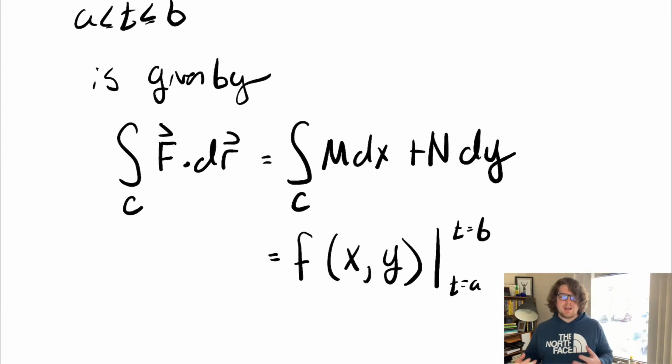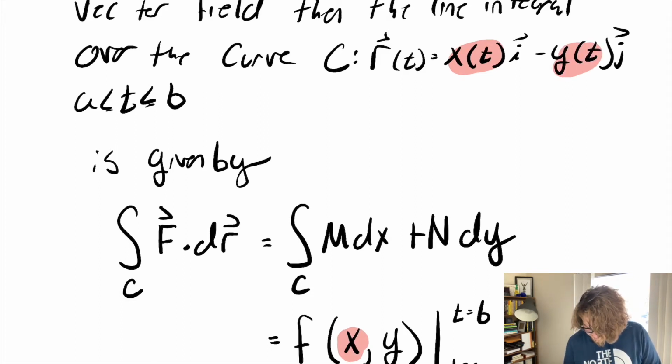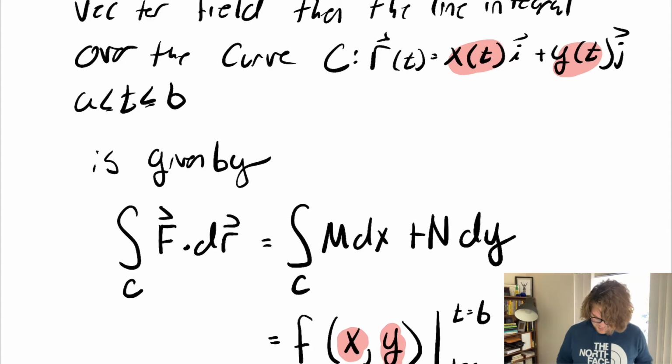But if you remember what x and y are, well, our x coordinates and our y coordinates both come from our curve. So the x coordinate is really a function of t, and the y coordinate is really a function of t. Let me go ahead and make this a plus sign. That didn't need to be a minus sign. I don't know if I said plus or minus back when I was writing it down.